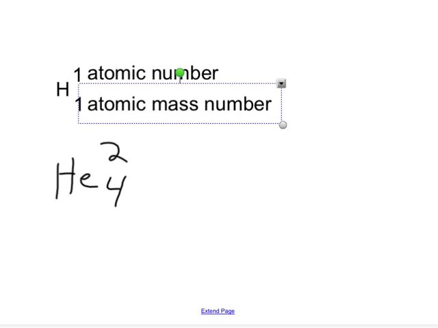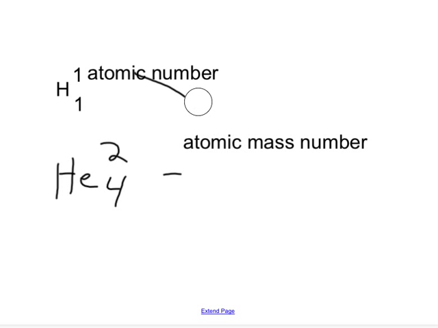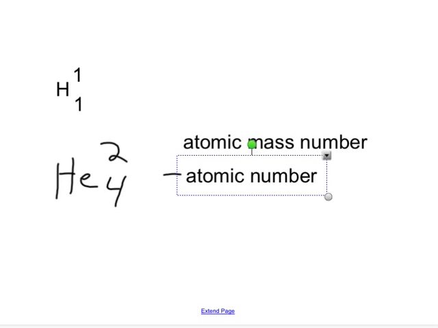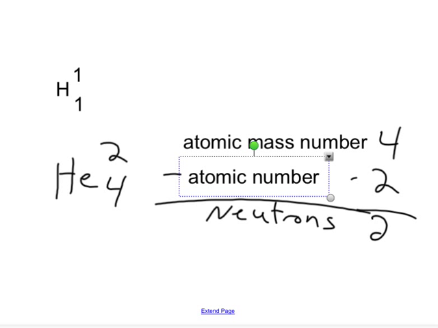To find this, we take the atomic mass number here minus the atomic number, and that will give us the number of neutrons. This is all review. So we take the atomic number, we have 2 here. The atomic mass for helium is 4, so we subtract it. So therefore there are 2 neutrons in helium.